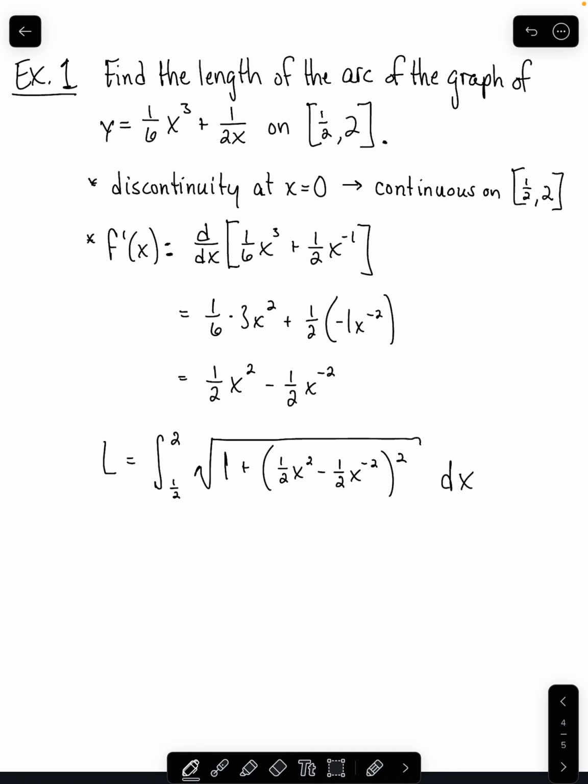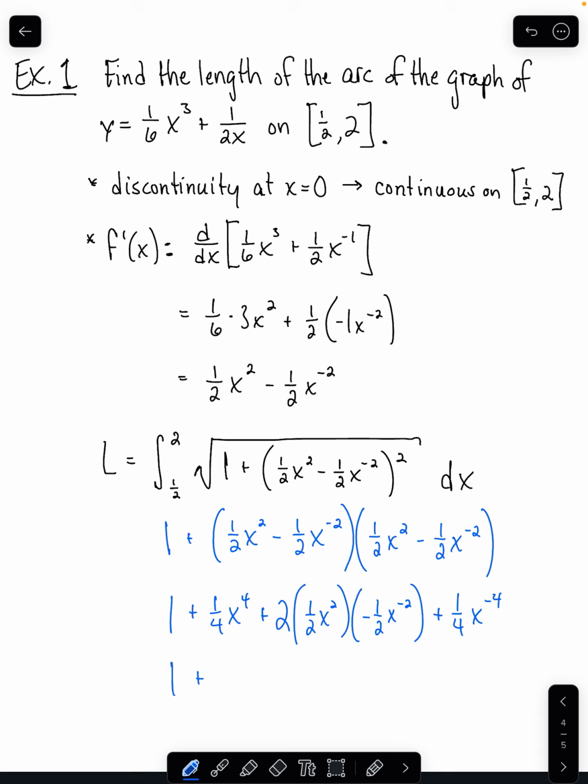And then lastly, negative 1/2 x to the negative 2 times itself. As it turns out then, this in the middle, the x squared and the x to the negative 2 cancel each other out, and this term in the middle becomes simply negative 1/2.